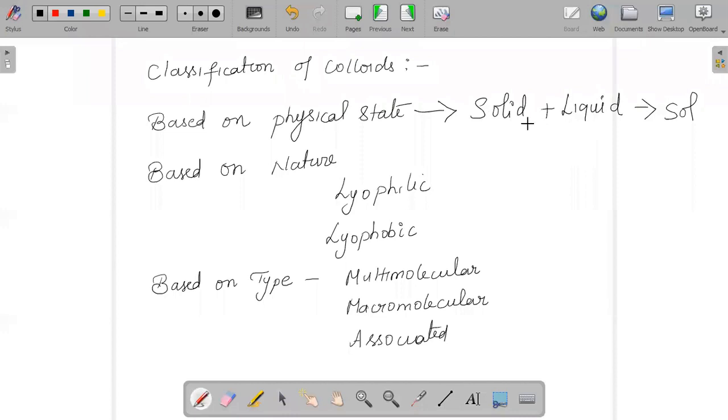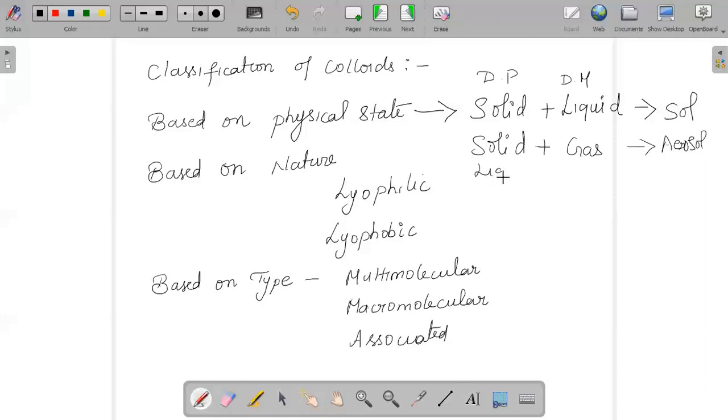It is very important to know the combinations like solid plus liquid, solid plus solid, solid plus gas. The first one is your dispersed phase and the second is your dispersion medium. If you say solid and gas, it is called aerosol. So this name and the type of colloid formation is very, very important from this chapter.